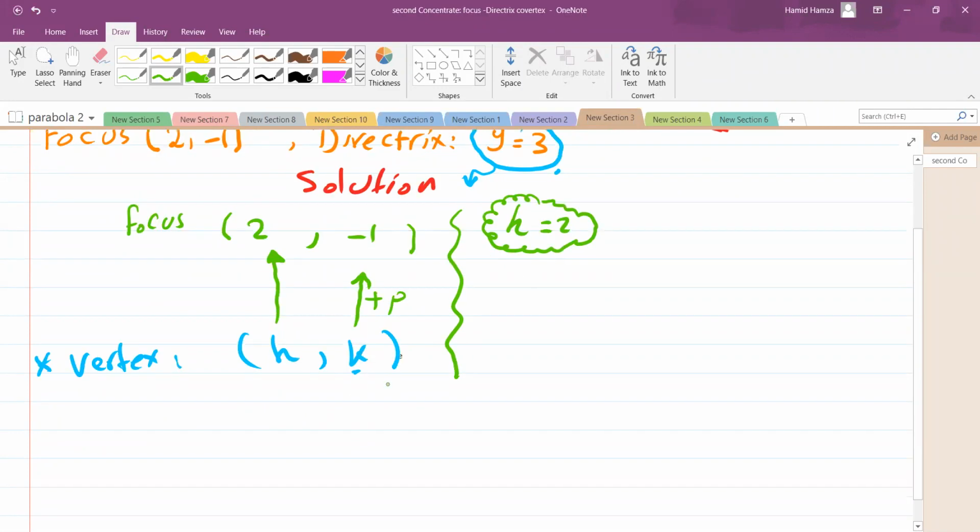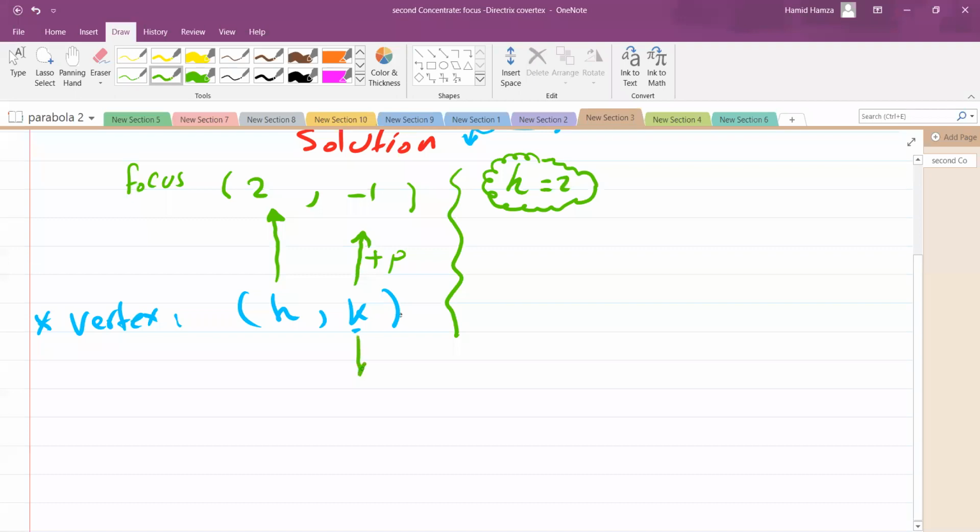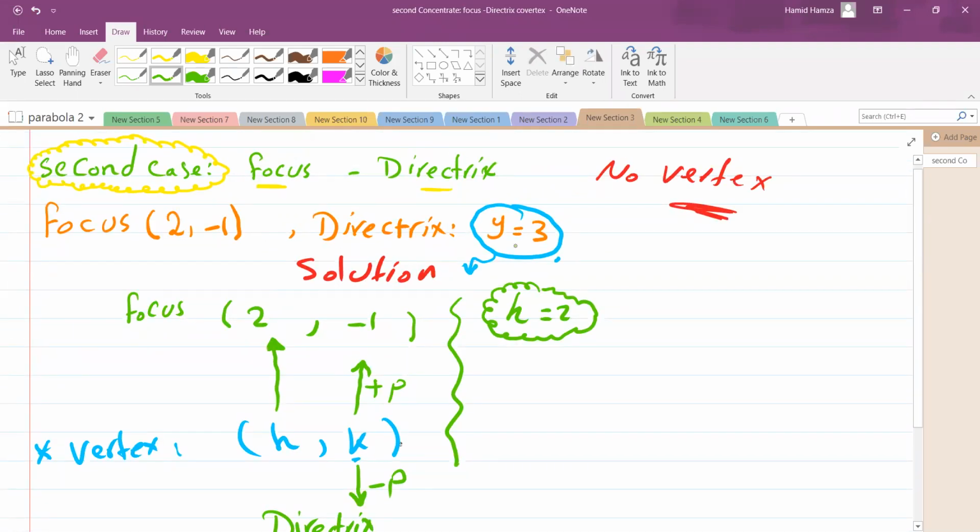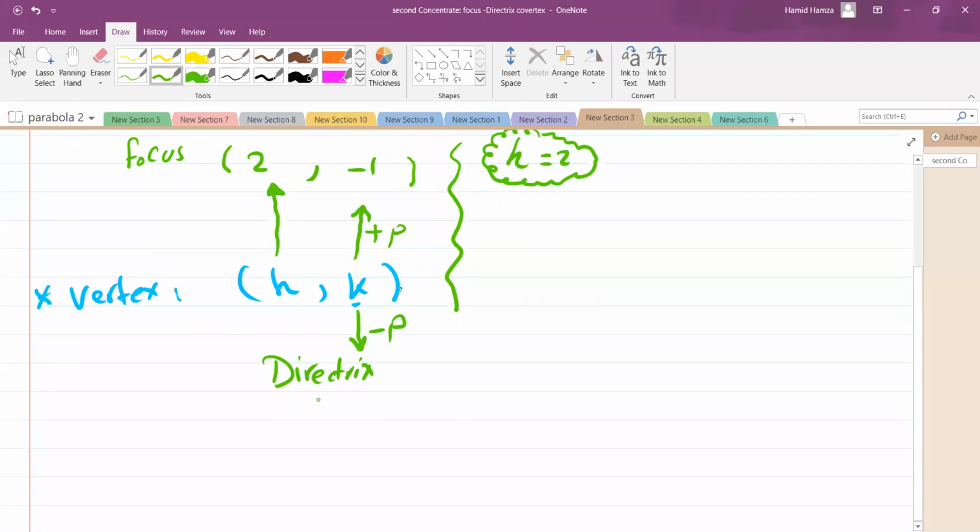And if you subtract B from this part, you will get the directrix, which is 3. Y equals 3.